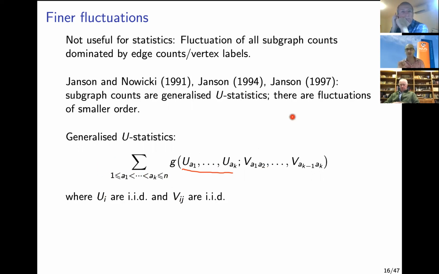Now it turns out that these generalized U statistics are much richer, not only than sums of IID random variables, but also richer than U statistics, in the sense that there are fluctuations that are orthogonal to the dominating fluctuations. There are fluctuations of smaller order that are orthogonal and important as well to describe this whole object.